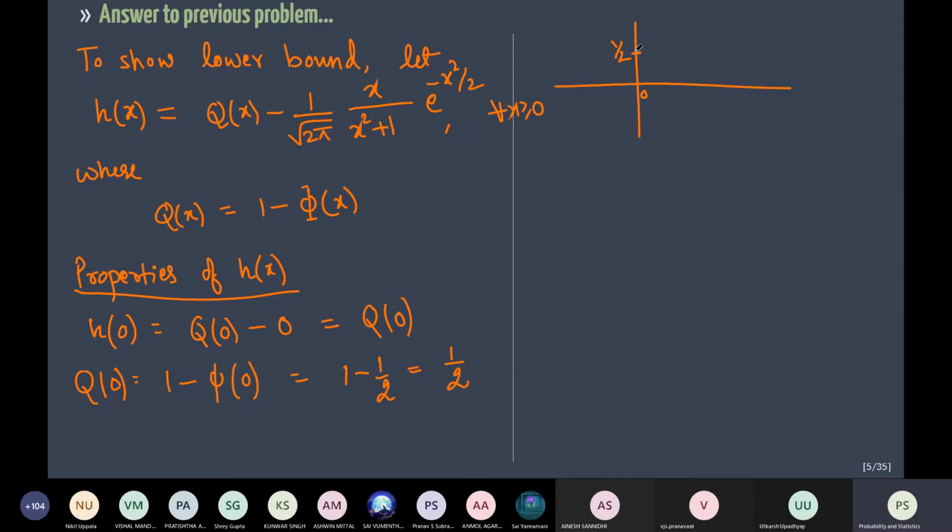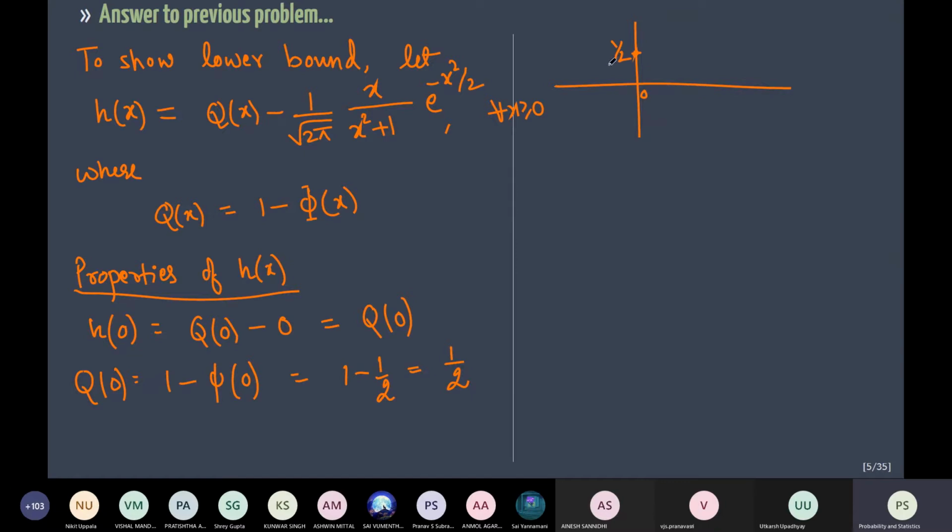One possibility is that it's half here, and to prove that it's above this, you have to prove that things like this never happen. So it's never negative, that's what we are trying to say for all x greater than 0.